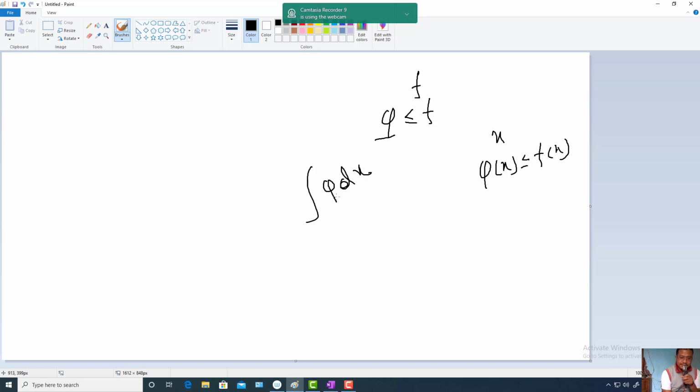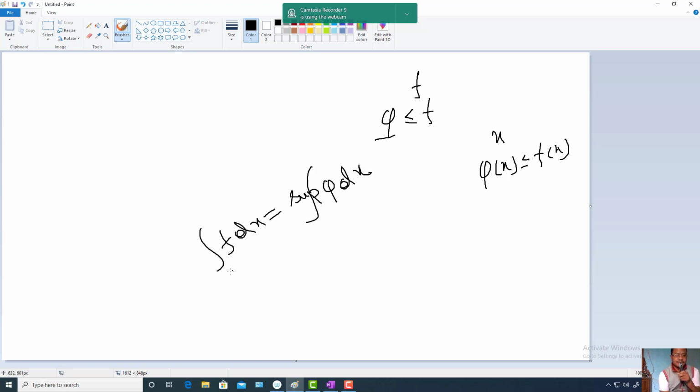How many such simple measurable functions are there? There are lots of them which are less than or equal to f. For each one you evaluate the integration, so there are lots of real number values. You take the supremum of these values, and that supremum is the integration of f.